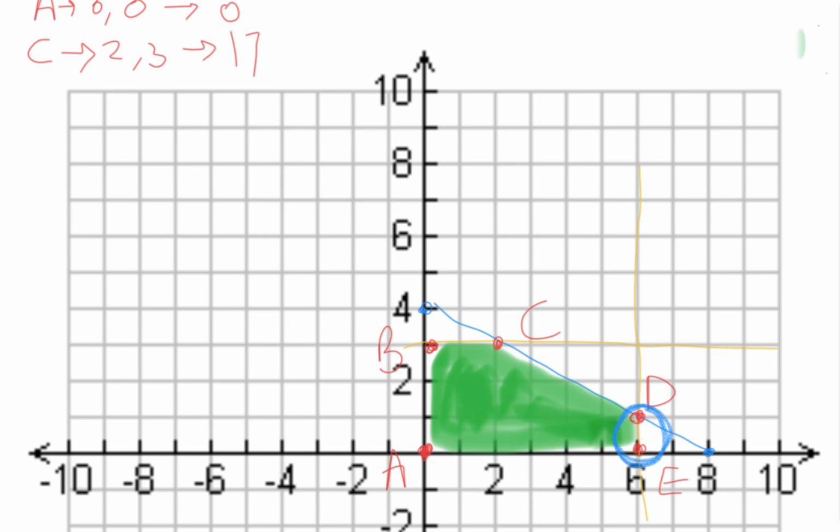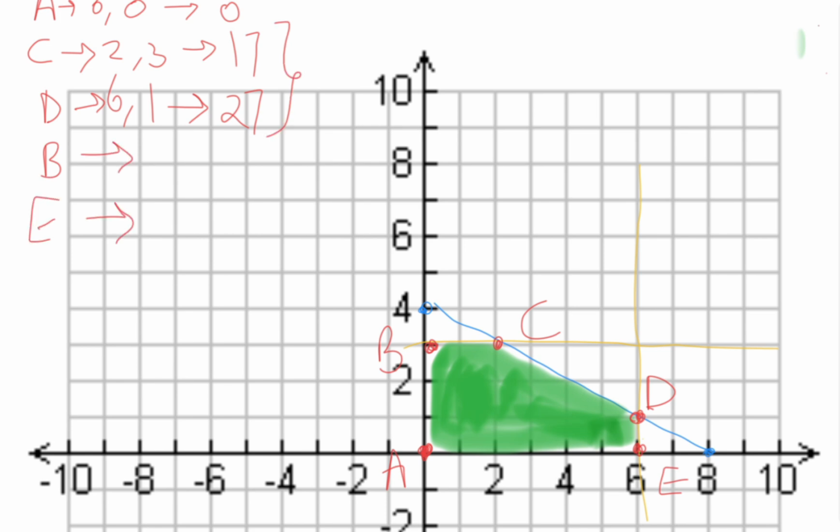So the profit at point D is given as profit at the points 6, 1. You'll calculate, put it in the profit function, and you'll get the answer as 27. I have skipped the calculation of point B and point E.